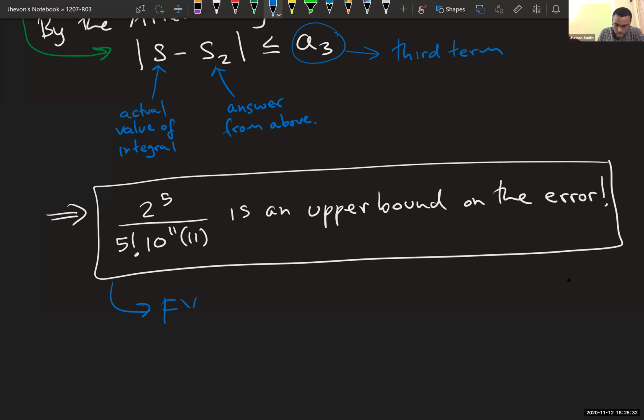By the way, FYI, if you're curious, it's actually a pretty good approximation.